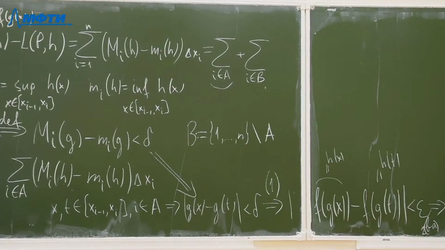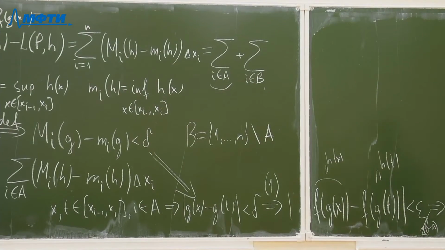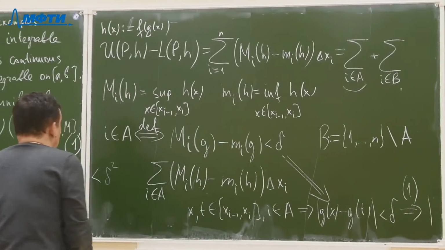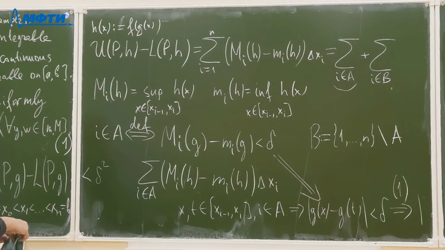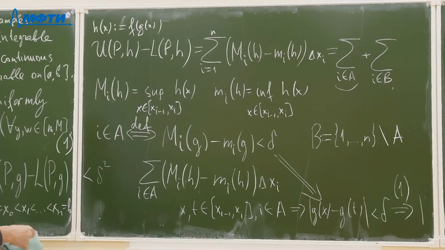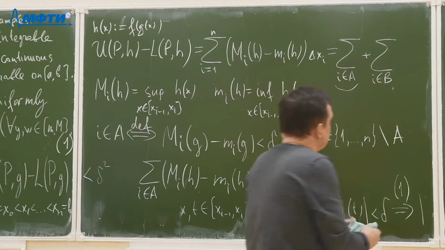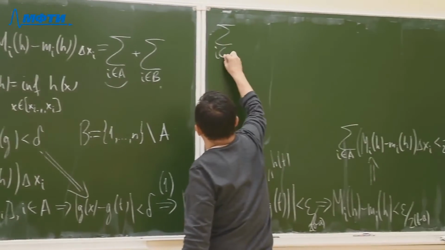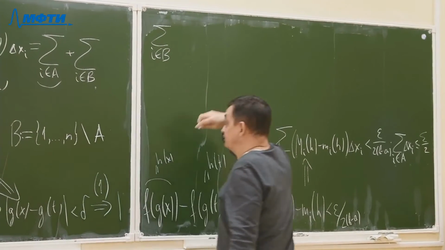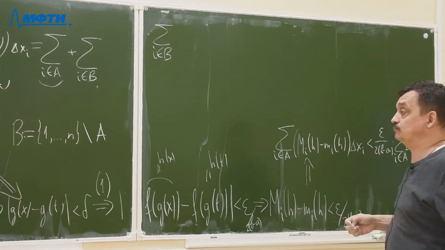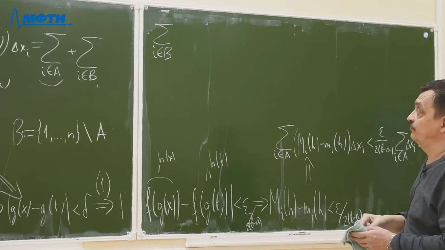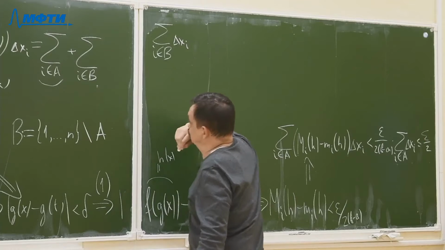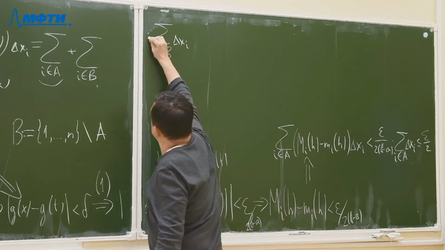So for the first sum we have an estimate. Now what to do with the second sum? Here we'll proceed as follows. Let us first estimate the sum over i in B of only delta x_i, and put here also delta.